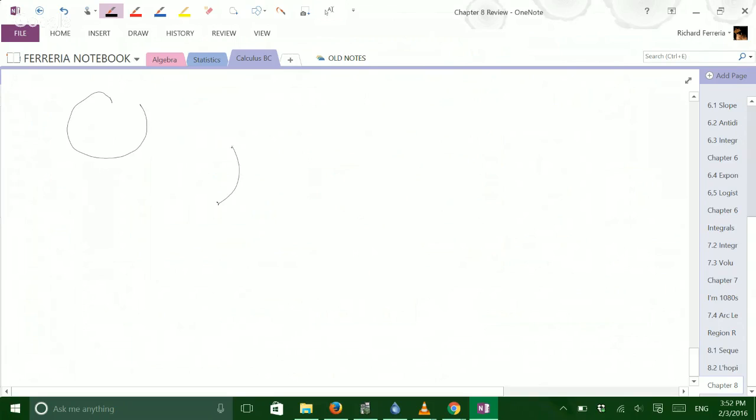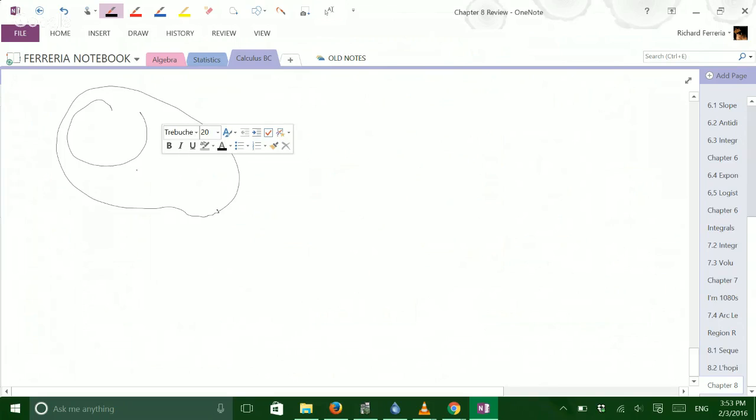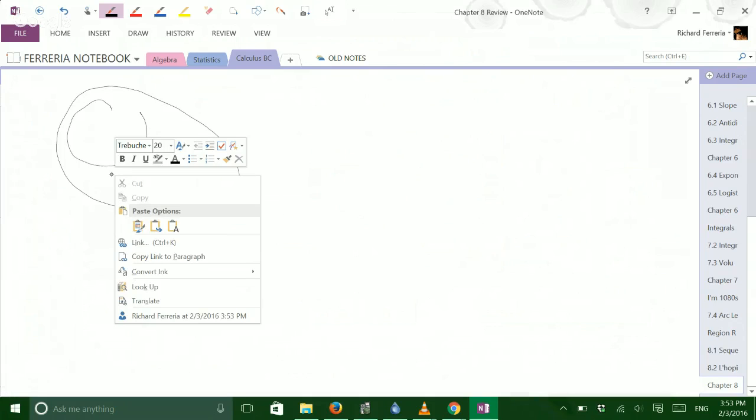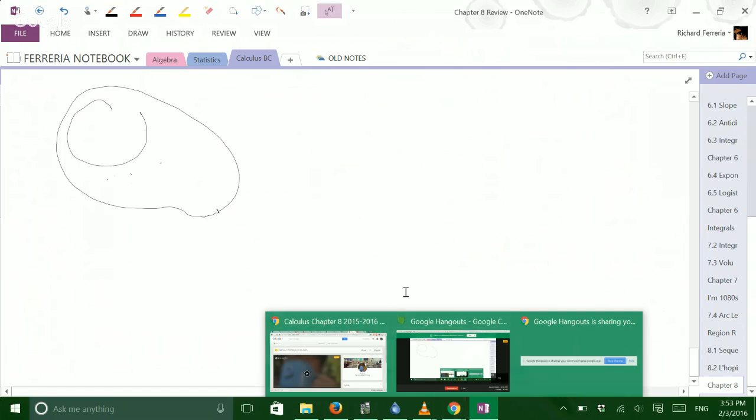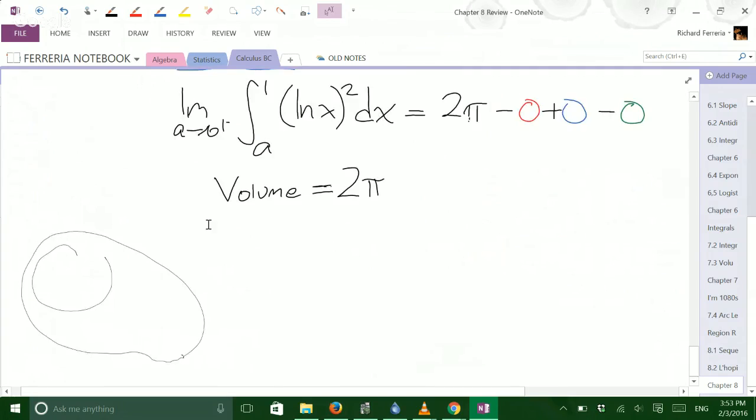What does this one do? I think you're erasing the white. Oh no, it's drawing. That's selecting. What is this? Oh, that's a click. Okay. Good to know. No, don't want to delete that.